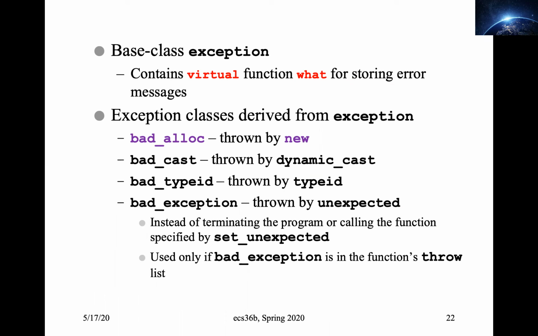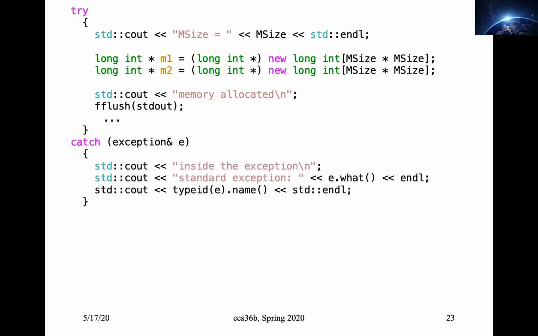I'm going to show you one example of a bad allocation so you will know what we're talking about. So look at this code. Now, instead of an array of integer 1000, you can see here I'm creating a huge amount of memory. I said new long int, n size times n size. The reason I did that is I want to test out the memory size of my system. I want to see how big of an array I can create.